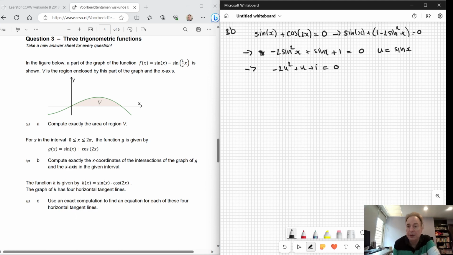It makes it a little bit more clean. You don't need to do this, but it's a little bit more convenient to just have a 1 in front of the u squared. And so I can divide by minus 2. u squared minus 1/2 u minus 1/2 equals 0.